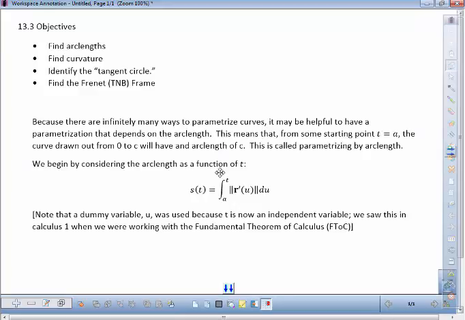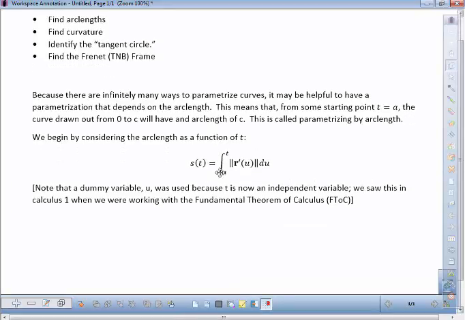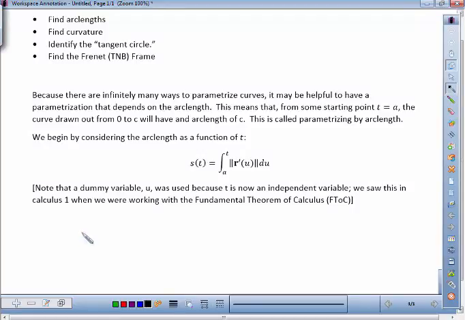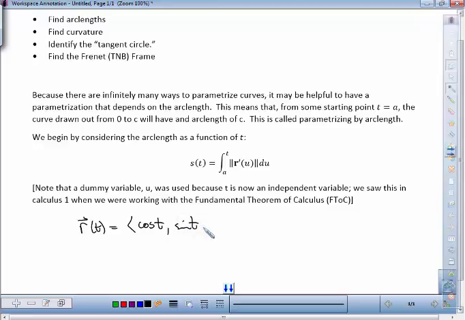In other words, for an example that we were doing yesterday, if we have r of t is equal to our helix, we want to parameterize this in a certain way, and the way they discuss this parameterization is that they change the variable.